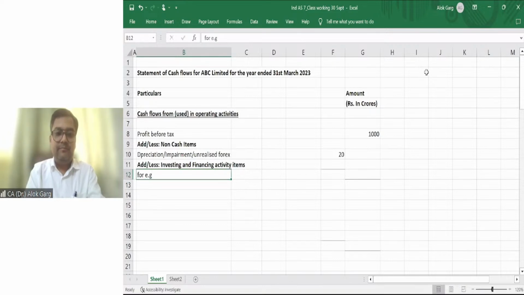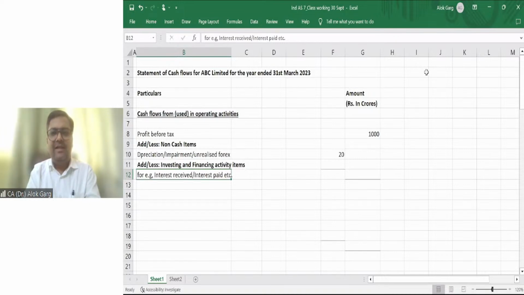For example, interest received, interest paid, etc. Right? Because interest received is which kind of item?